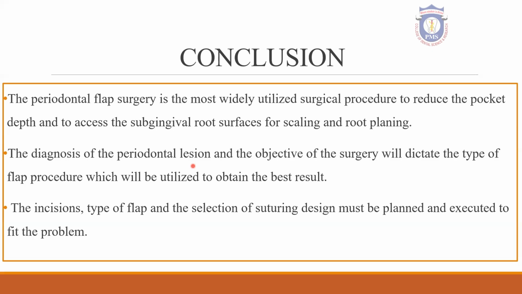Then the types of flap, three classifications based on whether bone is exposed or not, whether the flap is displaced or not, and how you manage the papilla. We discussed different incisions, horizontal as well as vertical incisions. Then steps in flap surgery also we discussed. And finally, we have seen the different surgical techniques.